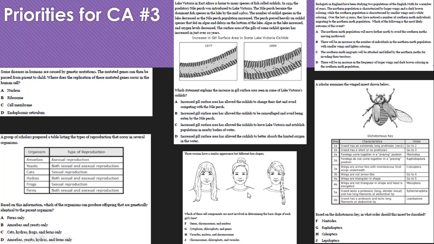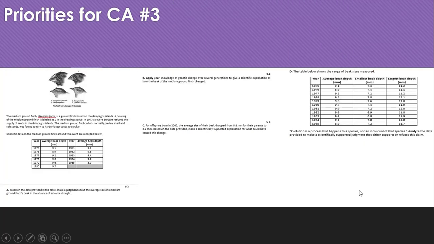And then down here, again, this is another example of you need to know where the genetic information is. And over here, students need to be able to read a dichotomous key. All the questions on CA number 3 revolve around these topics: where the DNA is, asexual versus sexual, in general adaptations and natural selection, and reading a dichotomous key.